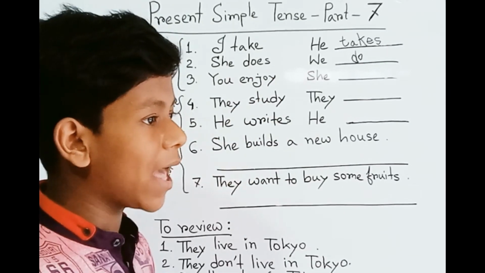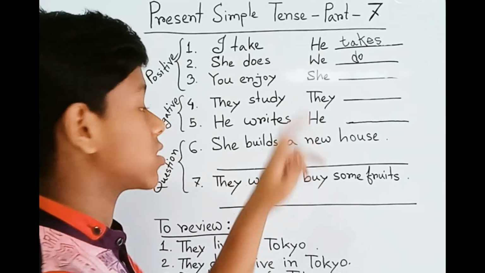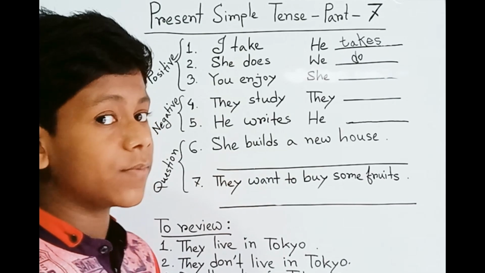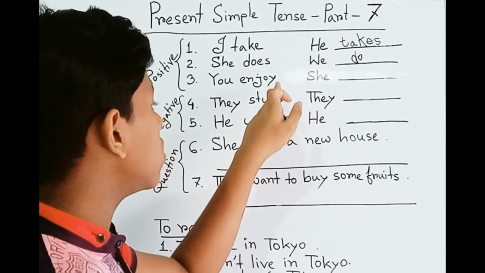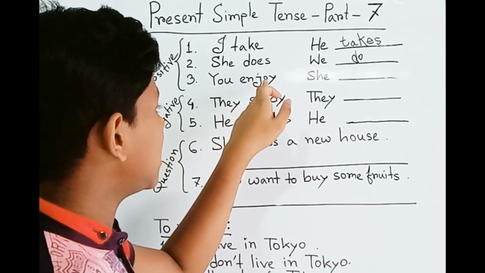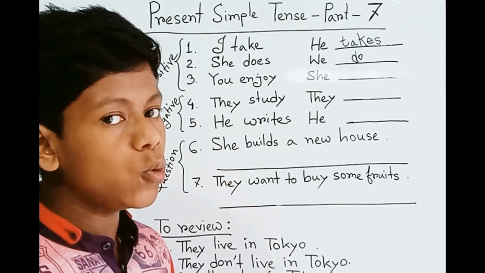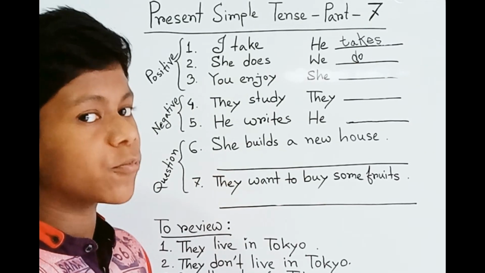We have to think about whether a consonant is used before the y or not. Before the y, it isn't a consonant. It is a vowel, and O is a vowel. So we can simply add the s after the y.